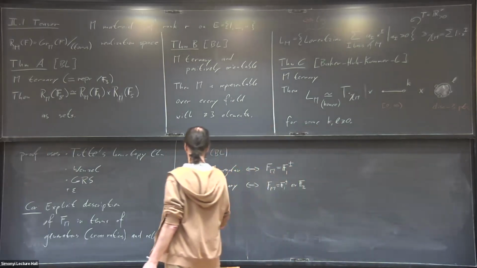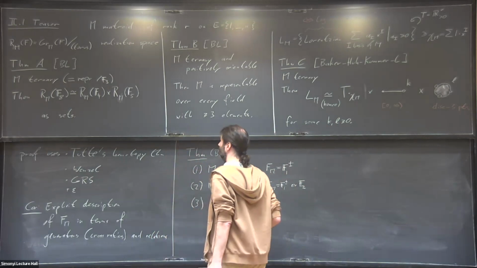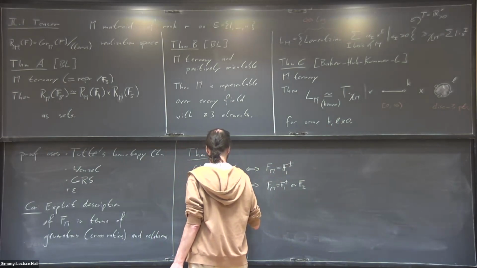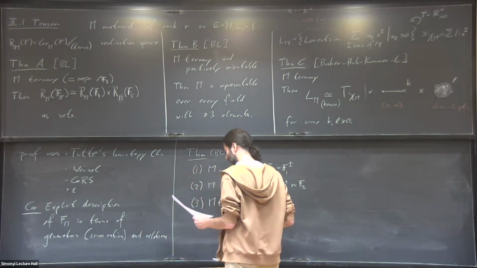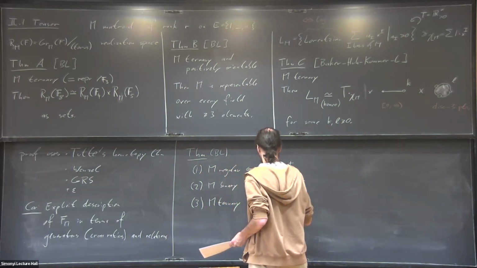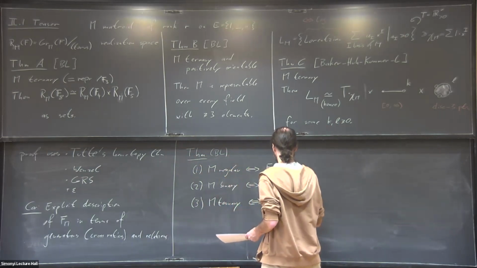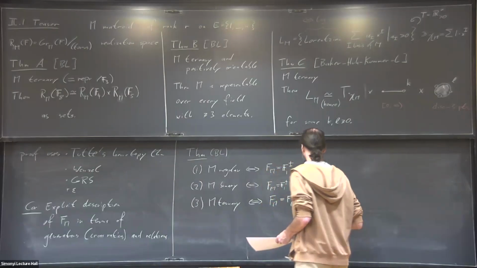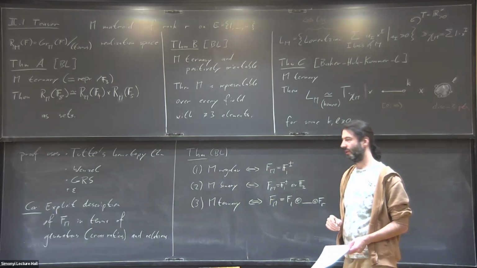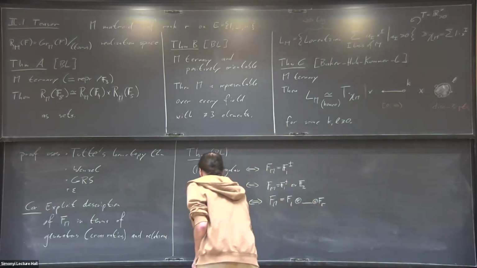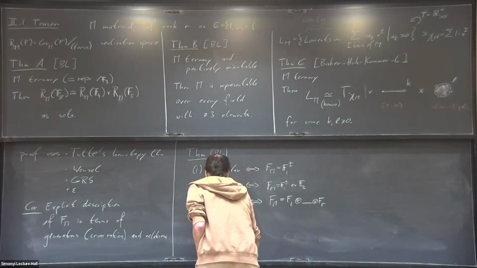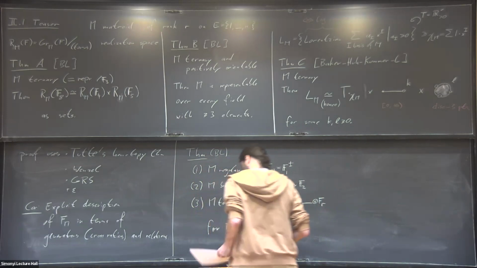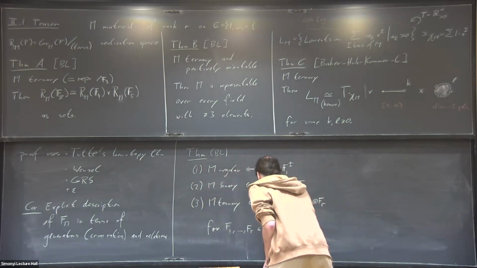And now here comes the third part. M is ternary if and only if the foundation is a tensor product of finitely many building blocks, F1 to Fr, where F1 to Fr are one of four foundations, pastures.